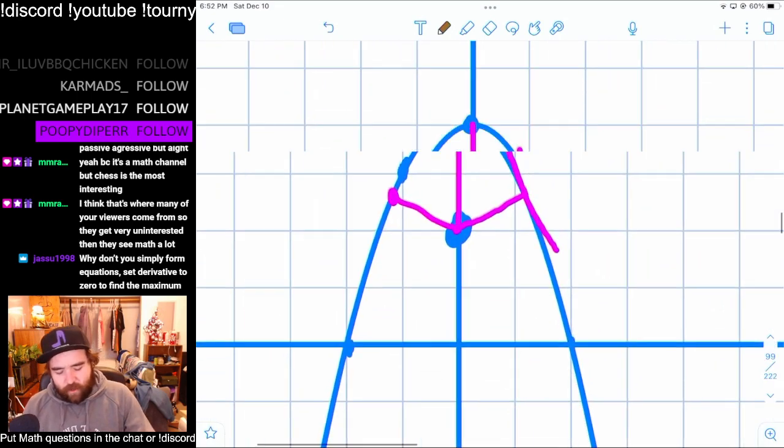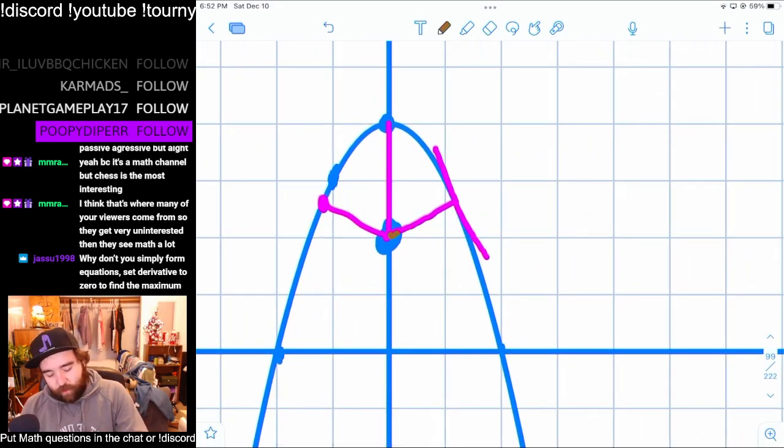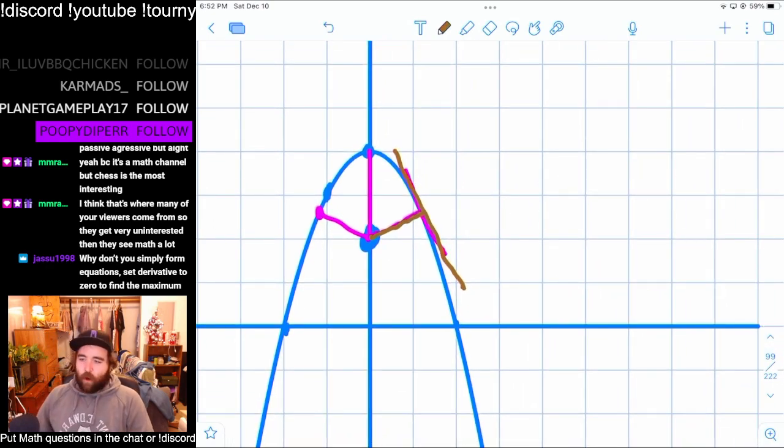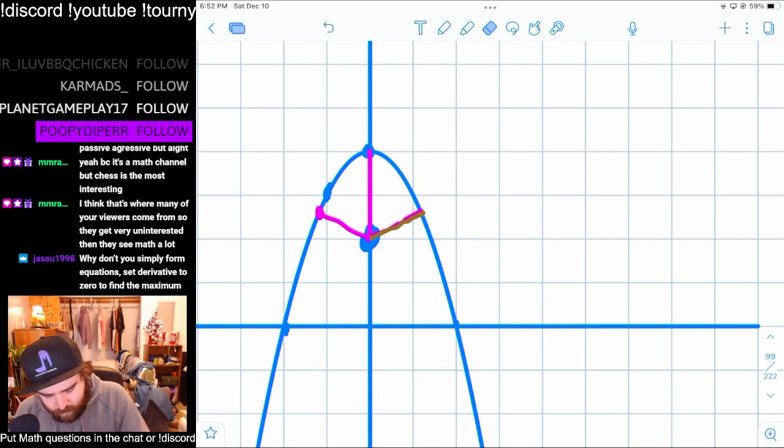I want to use kind of the geometry idea that the closest path is when the slope is perpendicular. And then we want to find where they intersect. Huh. Is that how I'd want to do that?